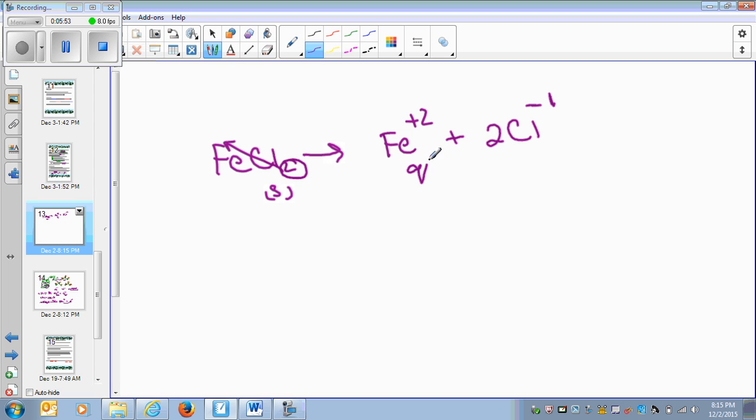Okay, and I have to put AQ, otherwise it will be a wrong equation. So it will be solid. It will split into aqueous ions of iron and chloride. So what I'm writing right now is the ionic equation of dissociation.